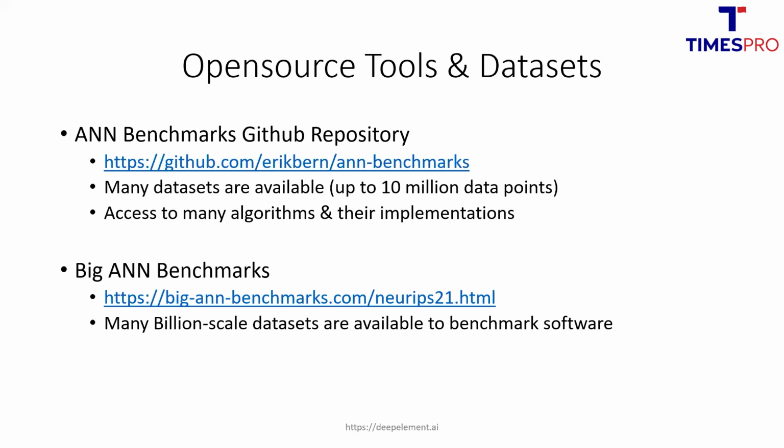And they have benchmarked all of these algorithms on a variety of data sets. So you can take a look at that as well. And then finally, the big ANN benchmarks data set gives you 5 or 6 data sets which are very large, up to 1 billion data points. They are all freely available on this website.